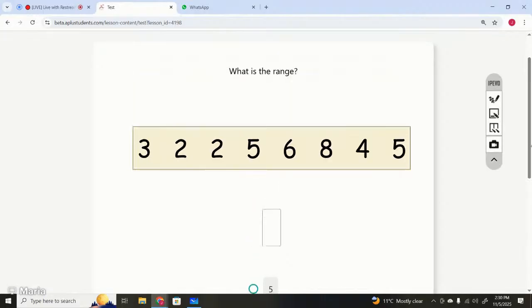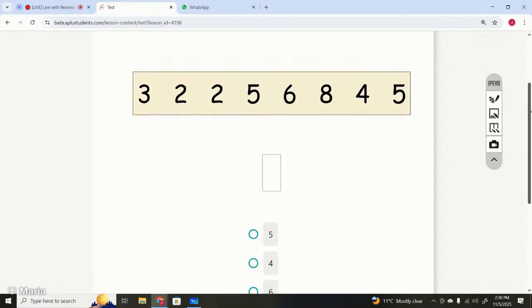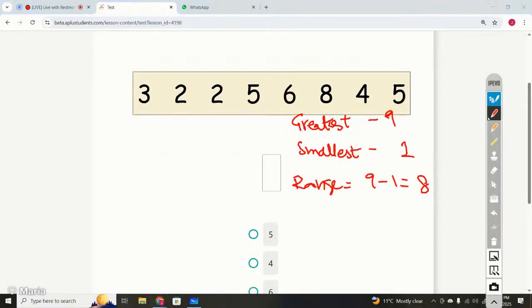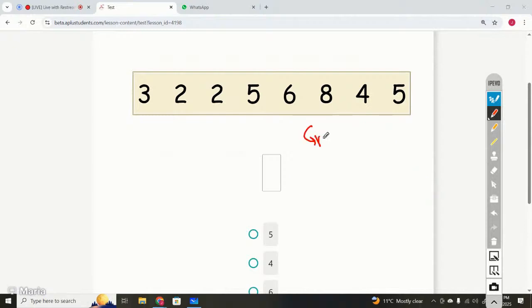What is the range? Range is the difference between the greatest and the least number, right? So the greatest number in the data is 8 and the least number is 2.